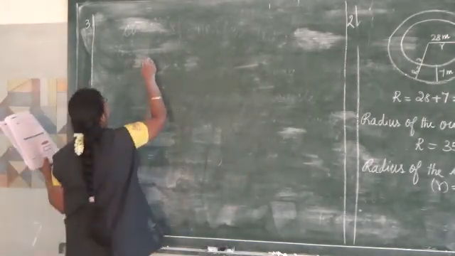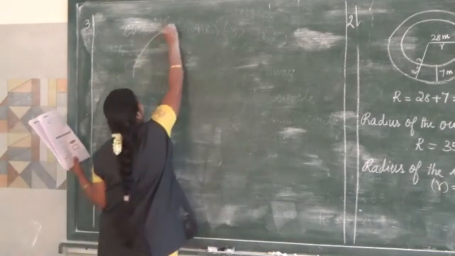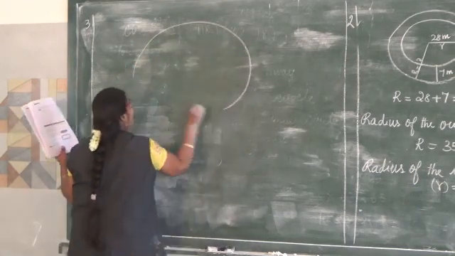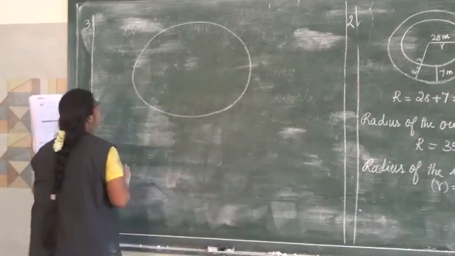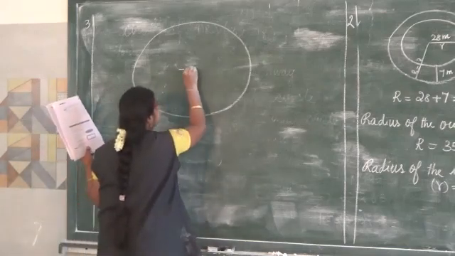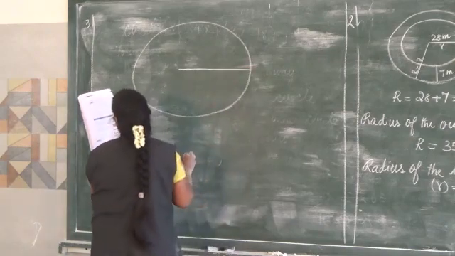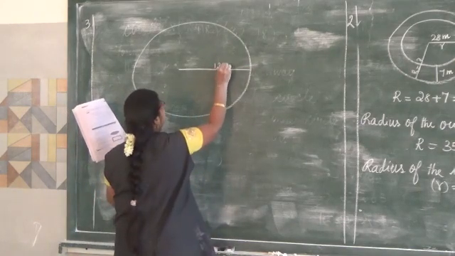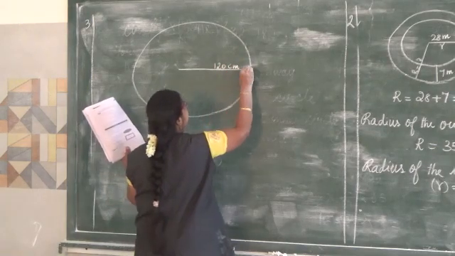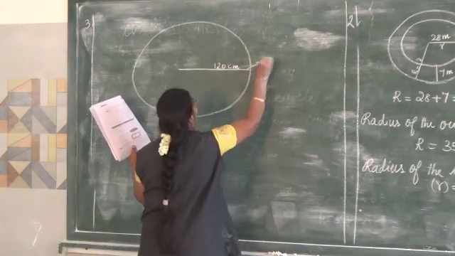So we will consider this. The outer circle is the hall, and they have given us 120 centimeter as the radius. This is the capital R.